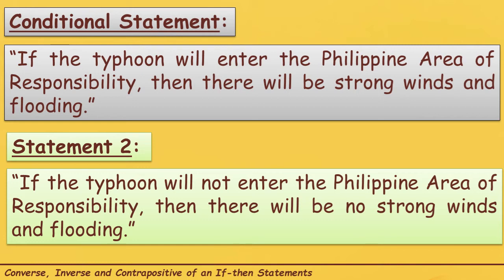What have you observed with the hypothesis and conclusion in our statement number 2? So ano yung mapapansin nyo sa statement number 2? Ano ang nangyari kay hypothesis at conclusion? Ayun.